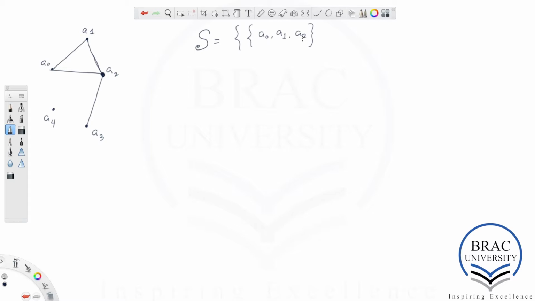This is a three-element set whose dimension is 2 according to what we discussed a while ago. a0, a1, a2 is the only two simplex.